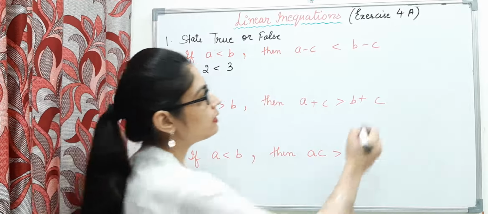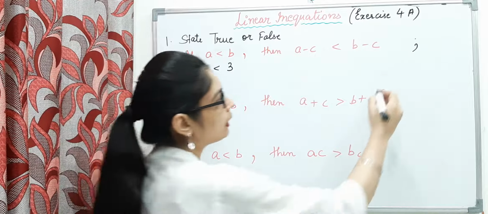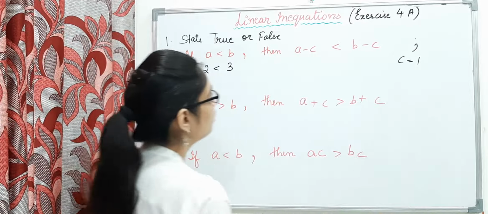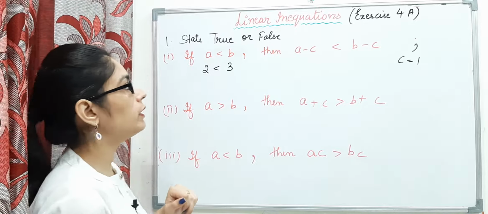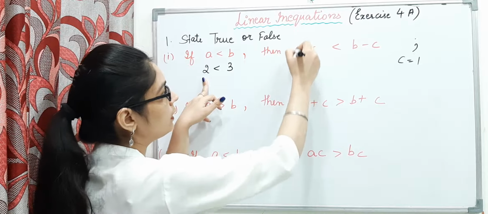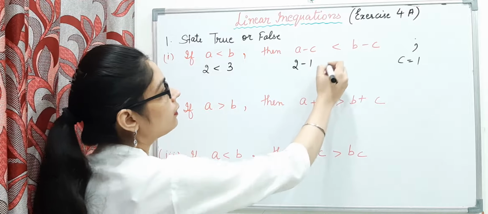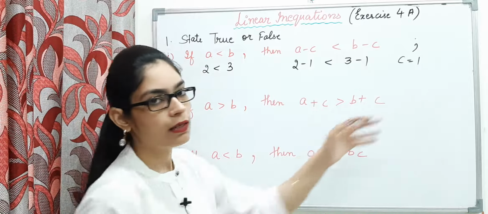Let's check for this. C is a common number which they have subtracted from both the sides, so C I'll assume as 1. So A is 2, let's substitute the values in this inequation and check whether it is true or not. So 2, A is 2, minus 1, less than B, I have assumed 3, minus C, which is 1 as I have assumed.